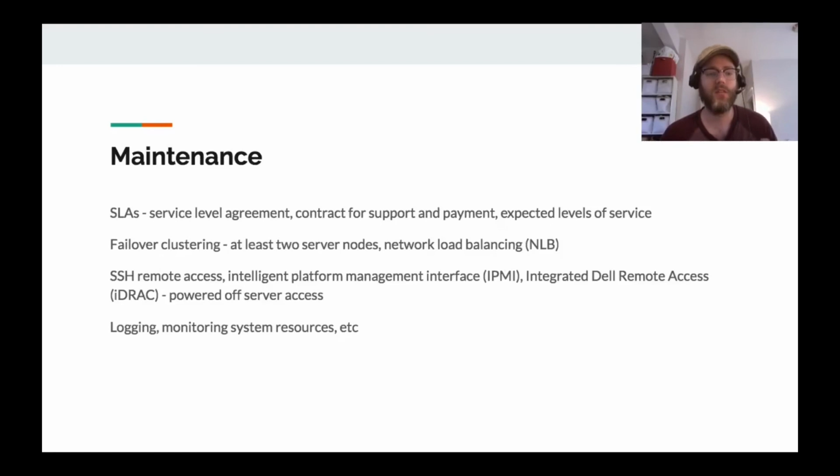And maintenance is obviously something you have to do on servers. Usually you'll have SLAs, service level agreements, that customers will have with whoever is providing support. So a customer might have that with an IT department to say these are the expectations of the support that I'm going to get.